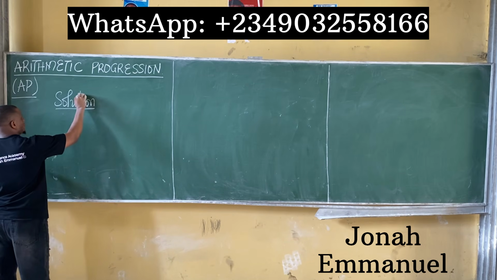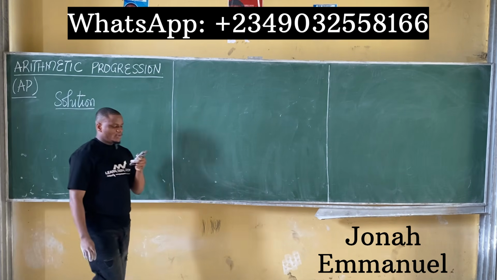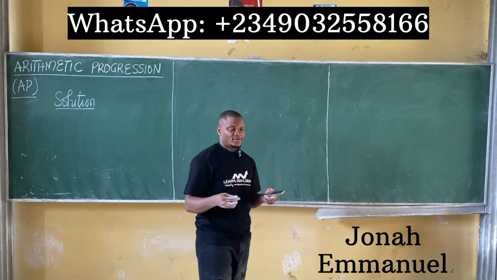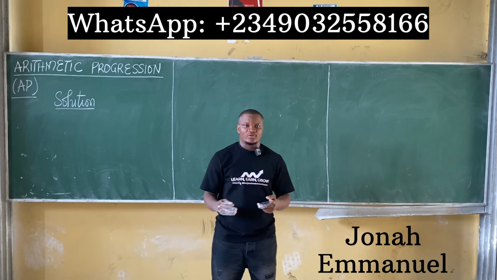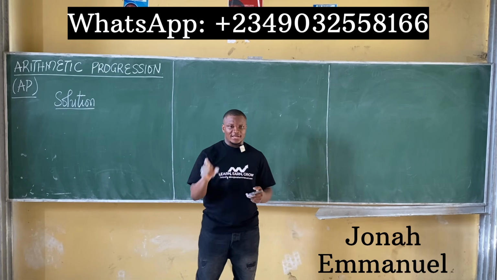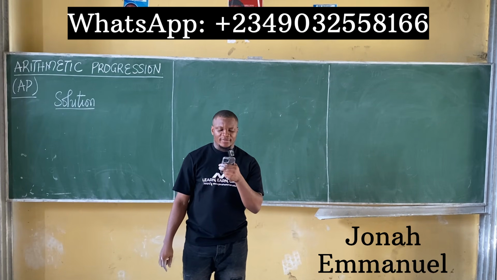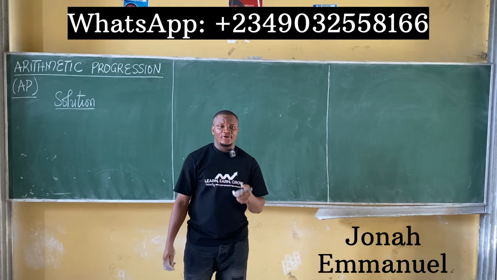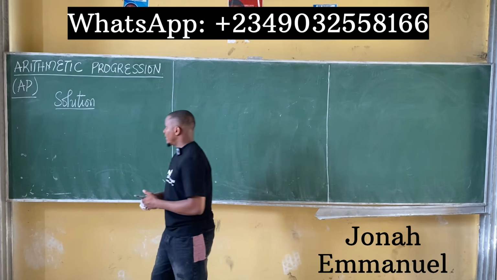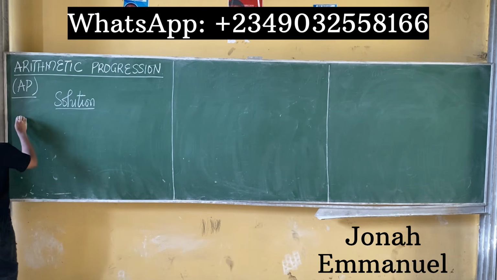We are told that the sum of three consecutive terms, the three consecutive terms could be your first term, your second term, and your third term. They said their sum is 21 and their product is 315. So let me just write this down.